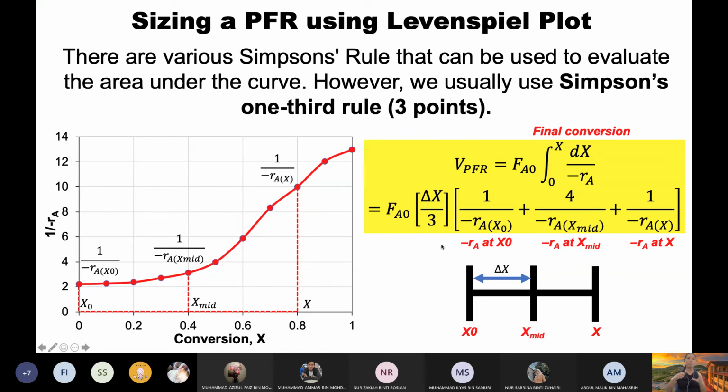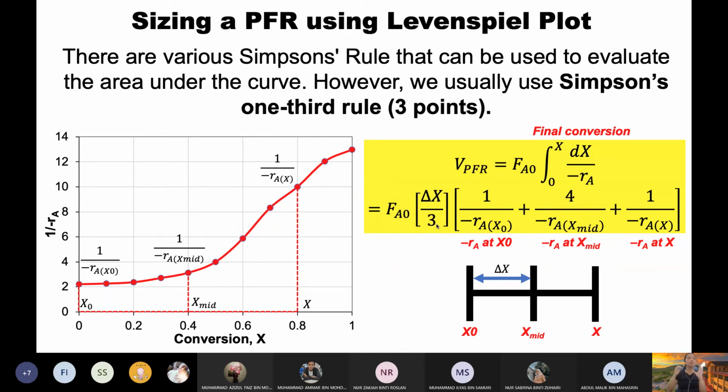So the equation now becomes equals to FA0. FA0 masih ada sebab FA0 tu mesti ada. Multiply with now using the Simpson 1/3 rule, it become delta X per 3. I will explain later the delta X per 3. In bracket, you have now the 3 points. Sebab tu saya ajak kamu cari 3 point tu. Sebab Simpson 1/3 rule will have these 3 points.